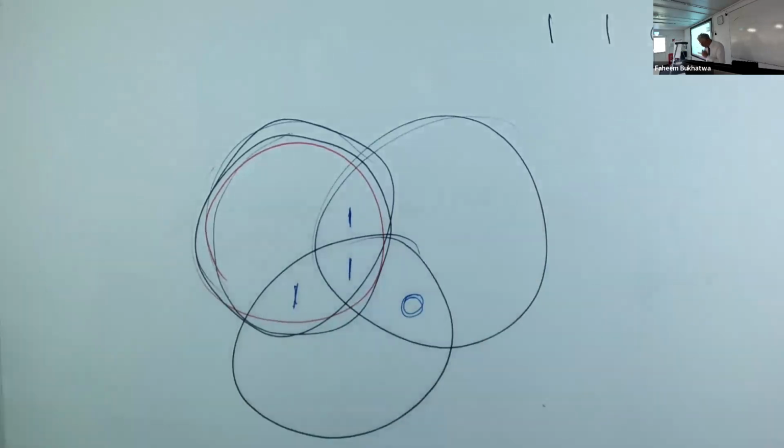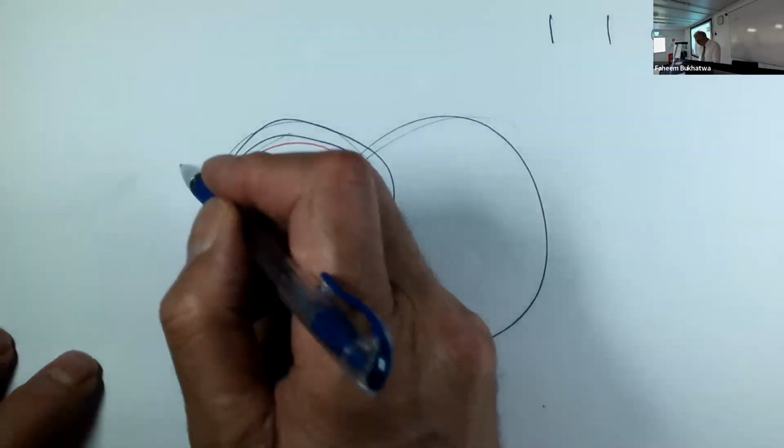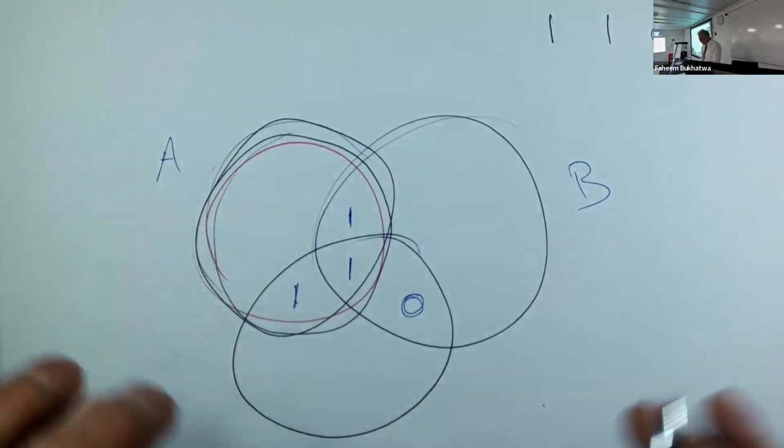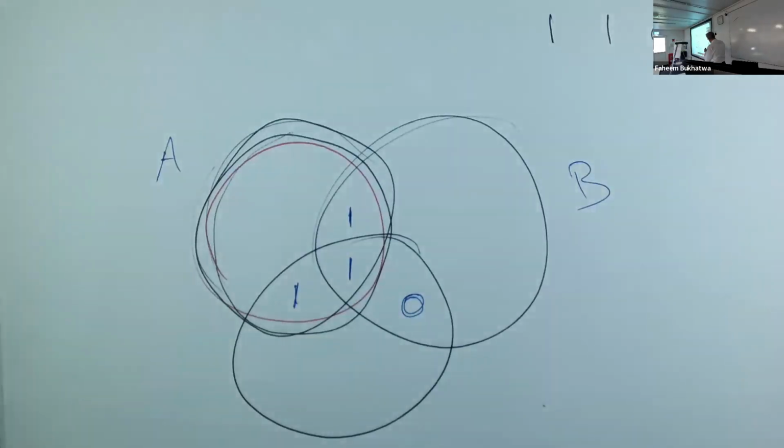This is our data. The point is that we have area A, area B, and area C, so we split our data, we put certain bits in area A, certain bits in area B, and certain bits in area C.